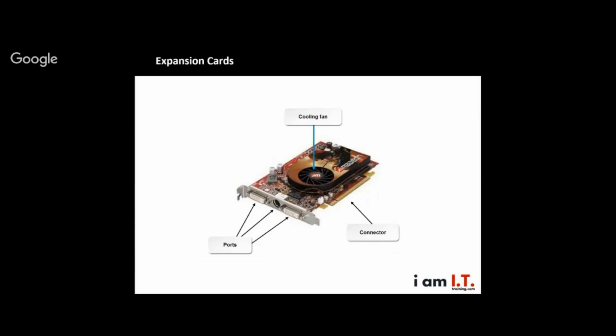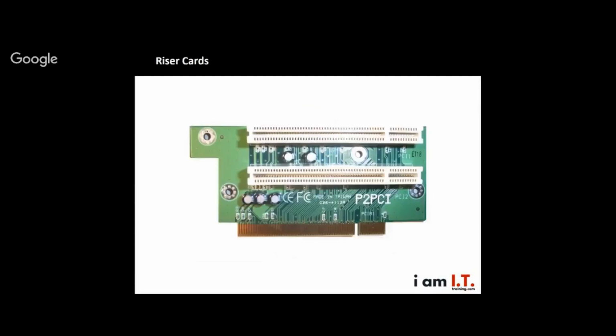So that data can be processed. Now, if you've run out of places for your cards, you can actually use what's called a riser card. And that's going to allow you to use more than one card on your motherboard, meaning that you can plug in the cards, let's say perpendicular or at a 180-degree angle, so that they're not necessarily plugged directly into the motherboard, but this is kind of like an expansion hub.